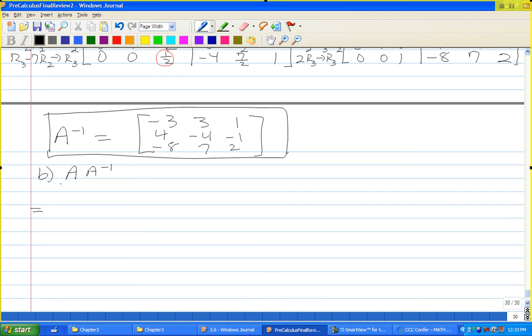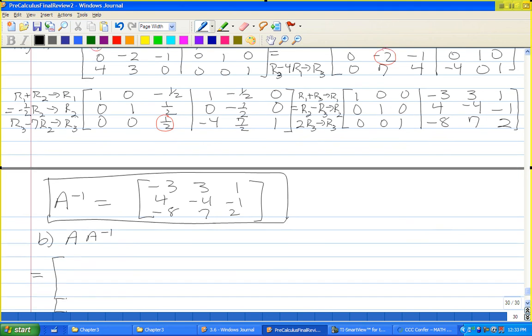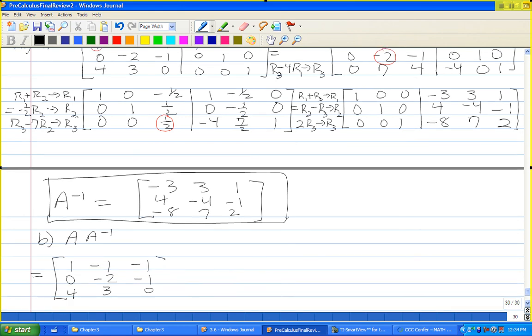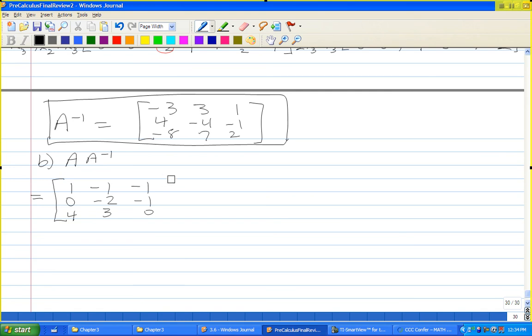So let's do B times A inverse. -3, 4, -8. 3, -4, 7, 1, -1, 2.